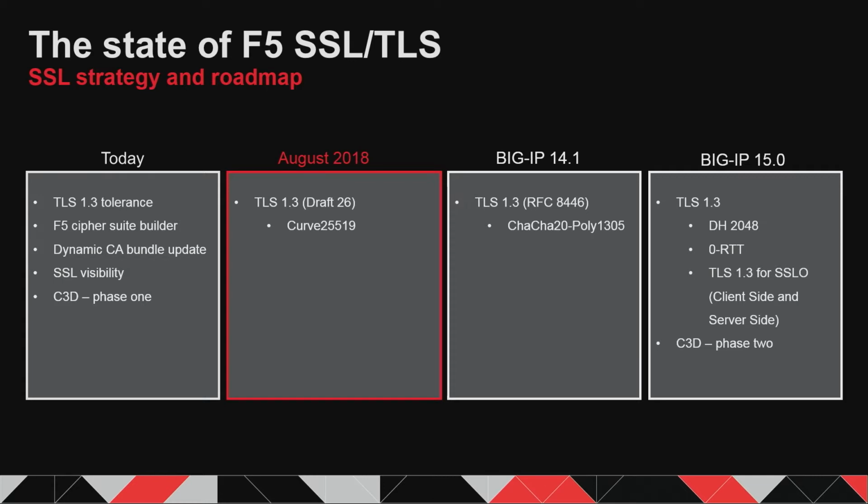SSL visibility, as we talked about, is the SSL Orchestrator. How many people in here have heard of proxy SSL, or split SSL as it's sometimes referred to? Very large deployments in a lot of our government have a source destination IP requirement that has to be maintained. The expectation is that there's not a proxy in the middle.